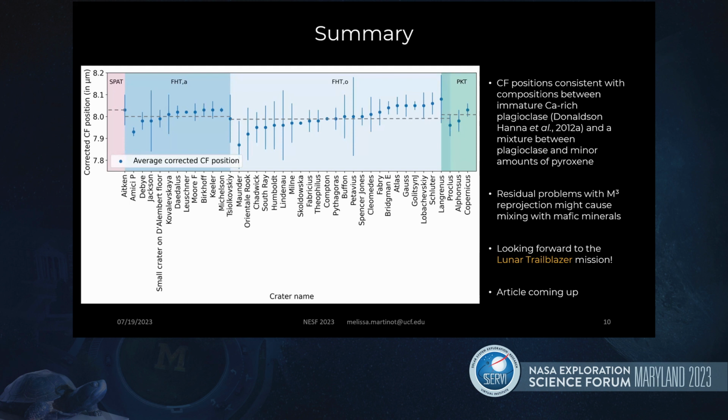Most CF positions are consistent with immature to mature calcium-rich plagioclase. We have higher values that are consistent with mixing between plagioclase and minor amounts of pyroxene. Those might be because of residual errors during the M-cubed reprojection step.